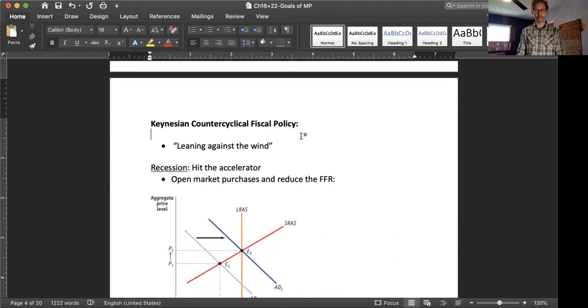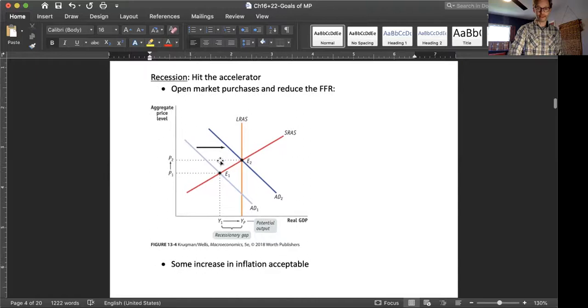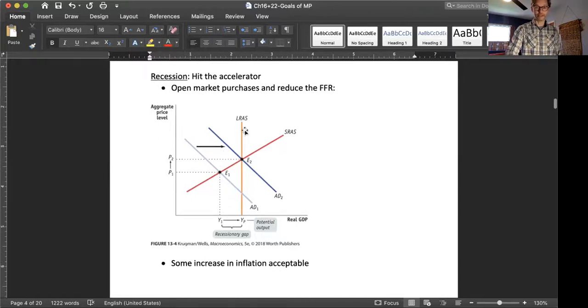So let's think about an example of a recession. A recession is when output has fallen below potential output. So here's our aggregate demand, aggregate supply graph. The yellow line is potential output. We have short run aggregate supply and aggregate demand.